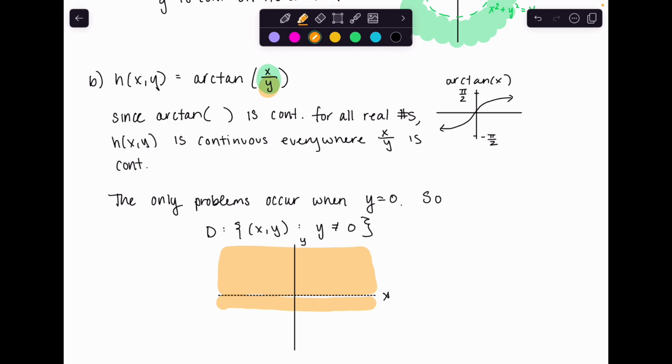So this is the domain. And then that arctangent function is continuous for everything else then. So this function h of xy is continuous on its domain.